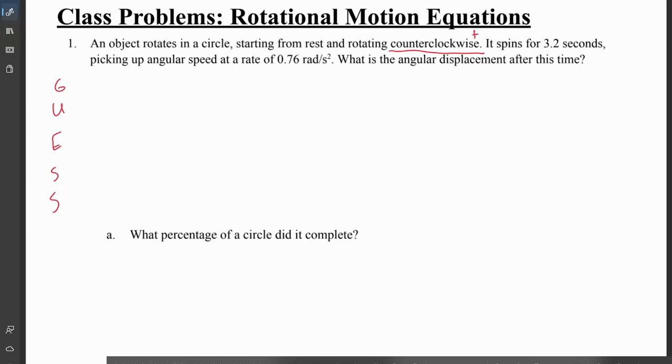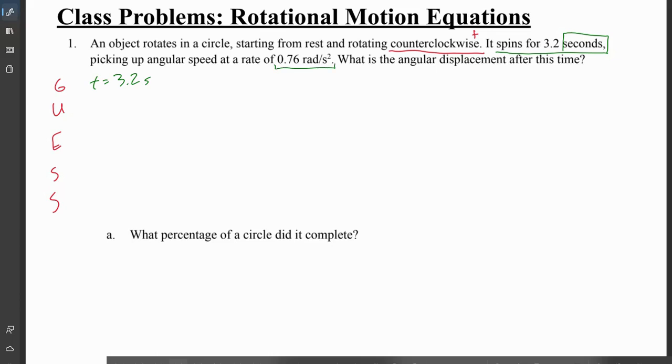So what are we given? I just looked through and I used the numbers first. Okay, it spins for 3.2 seconds. Well, if we look at the unit of seconds, that tells us time. Okay, time equals 3.2 seconds. What else are we given? This number, 0.76 radians per second squared.